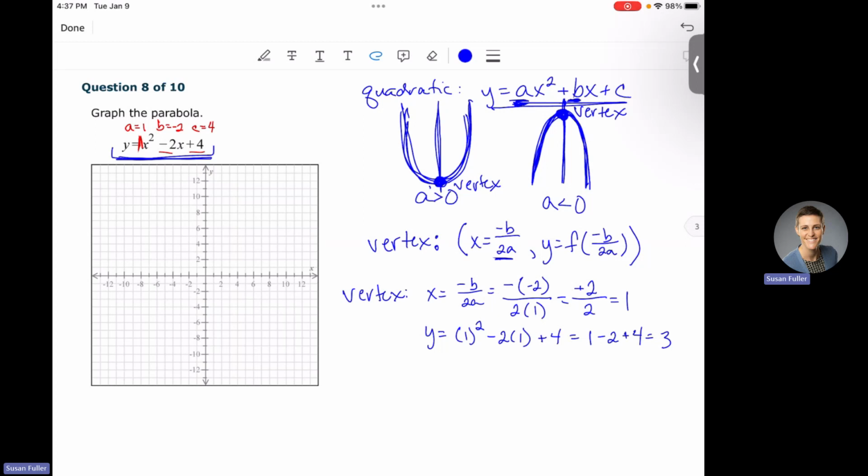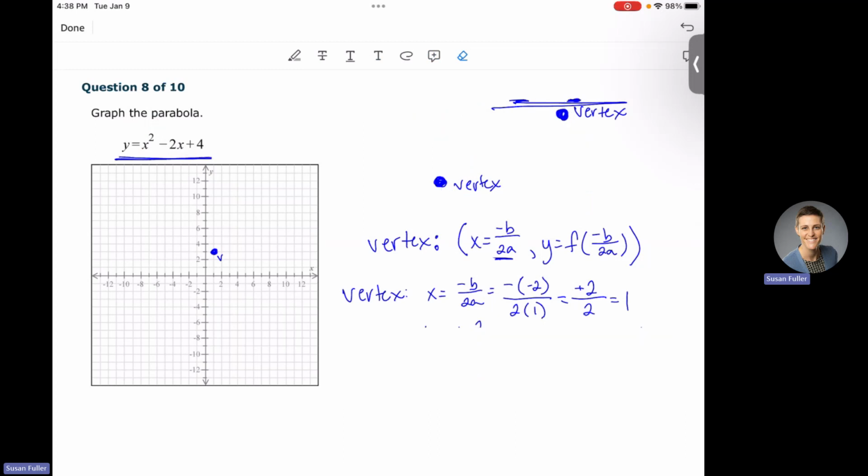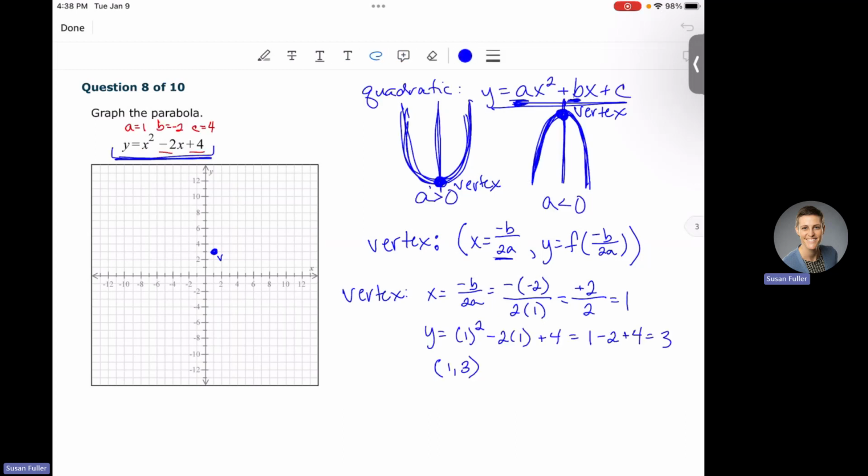So that means my vertex is at the ordered pair 1, 3. So 1, 3. I'll put this on here, and I'm going to write a little V here telling me that's my vertex. Okay, so now we know where our vertex is.